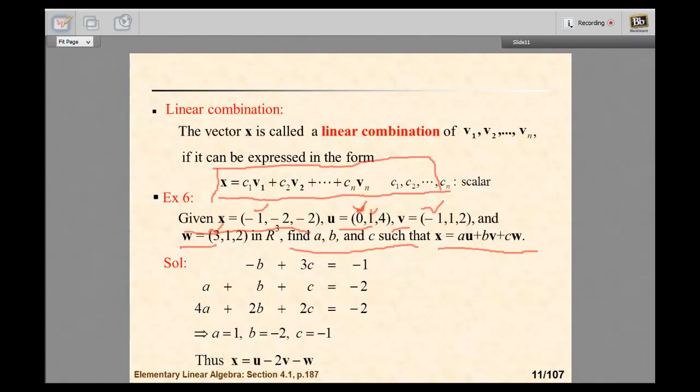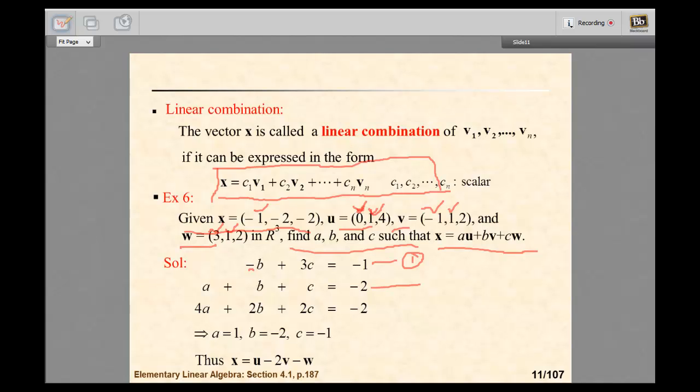First of all you write the elements on x. This is the first element equation. Now you write the second equation, that is 1, then 1b, and then 1c.